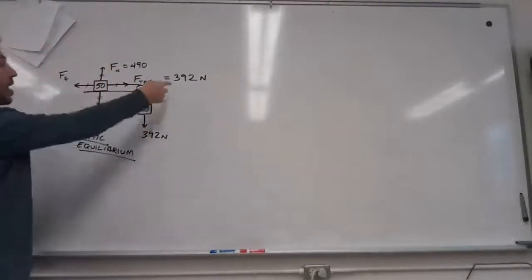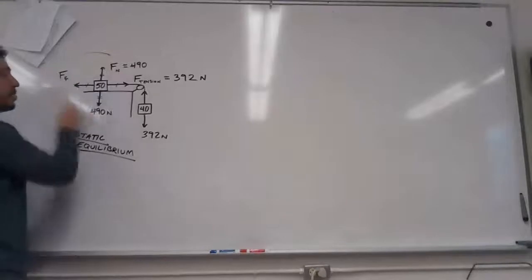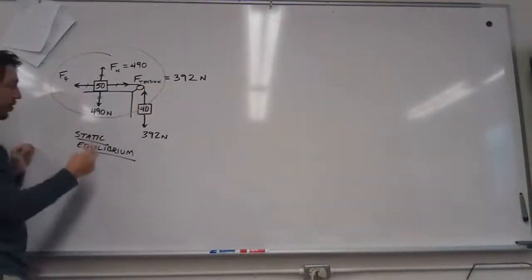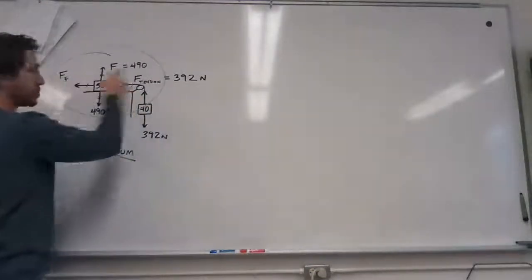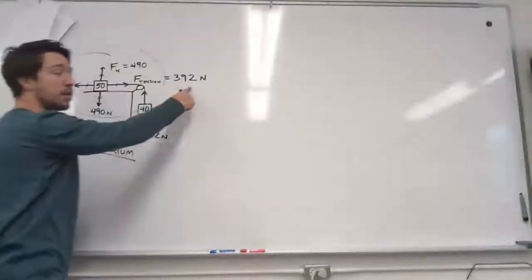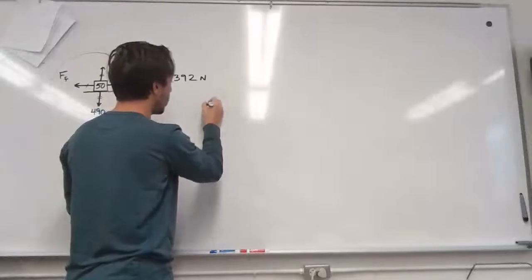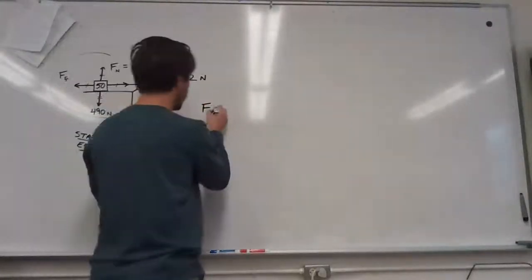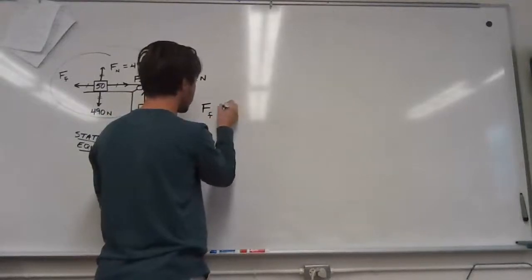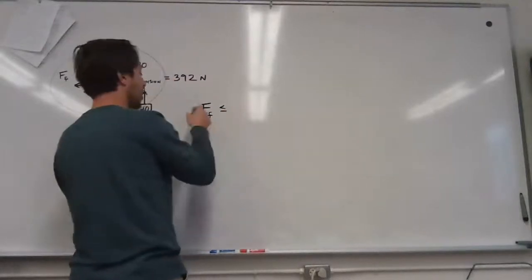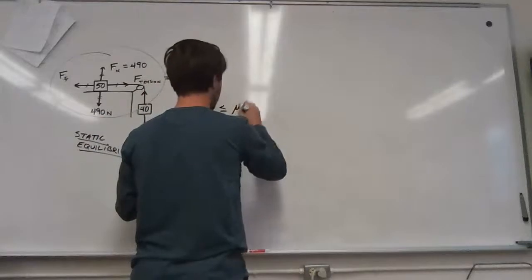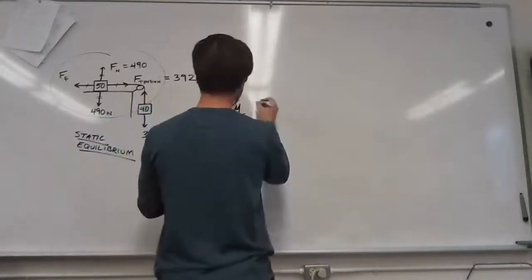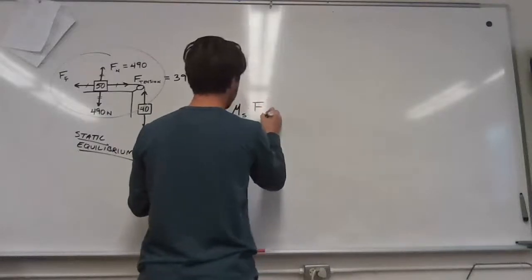So anyway, now I can come back to this diagram and say, okay, the friction force must be 392. So friction force is mu static times normal force.